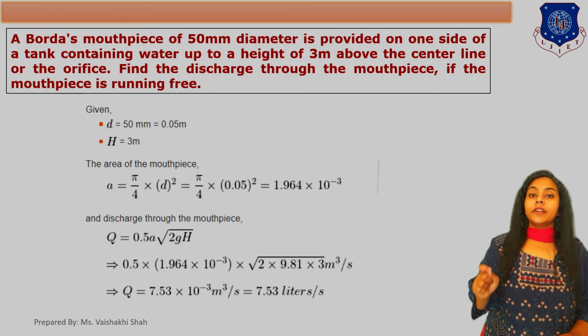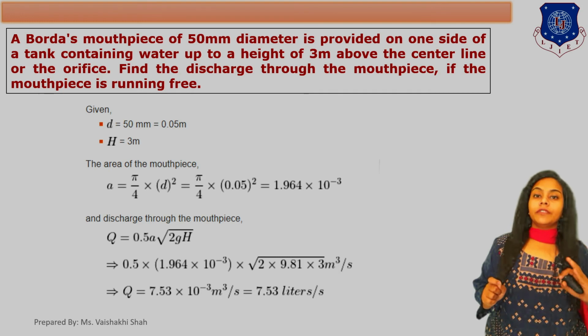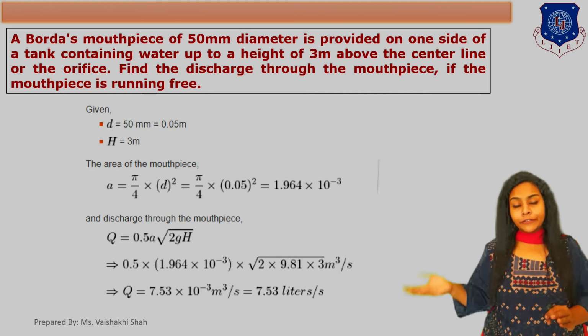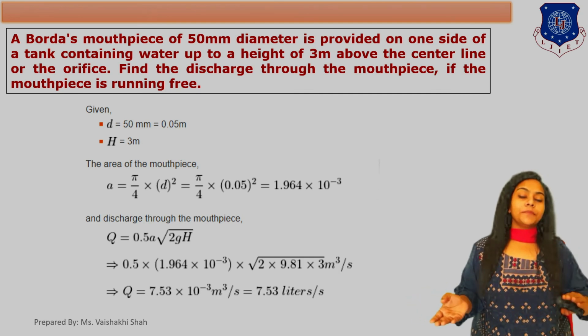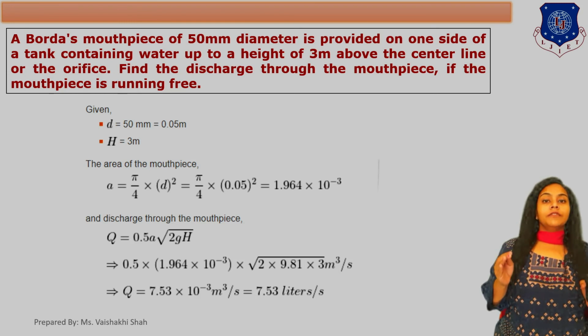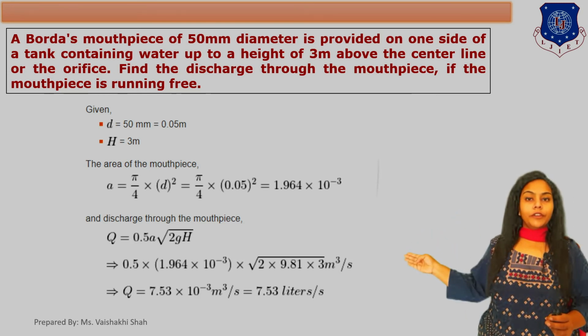Remember the different values of CD, which is coefficient of discharge. The value of CD is different for different types of mouthpiece. Here for internal mouthpiece which is running free, CD equals 0.5.